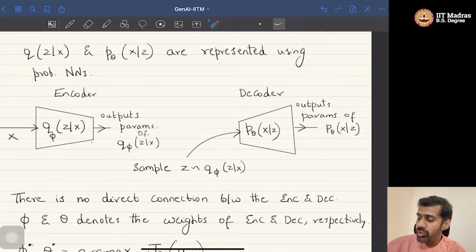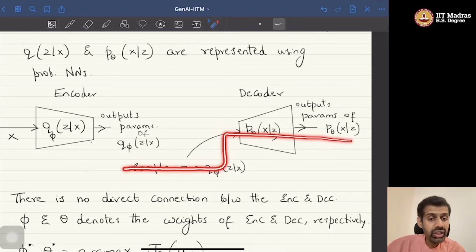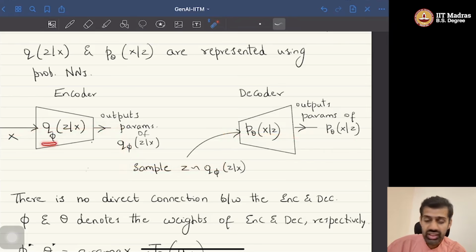If we need to backpropagate our gradients from the output of this decoder network, we can do that. We then need to backpropagate them through this sampling procedure, and then all the way to the input of the encoder network if we want to train it.